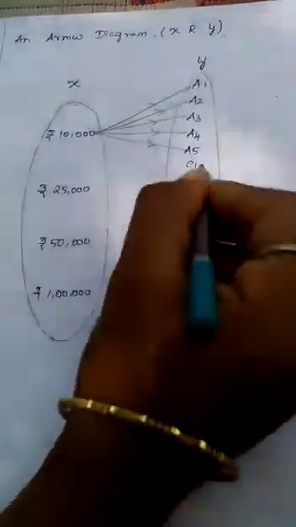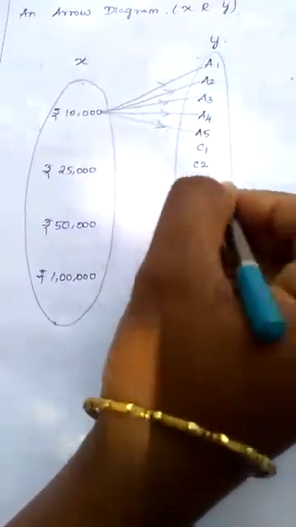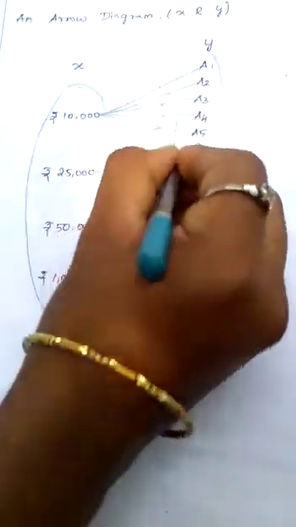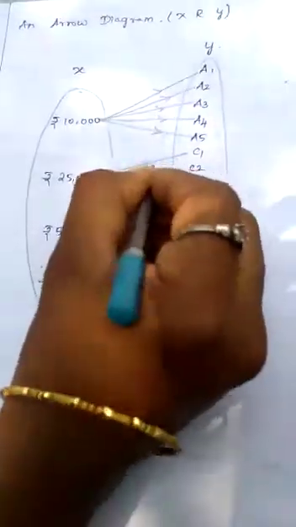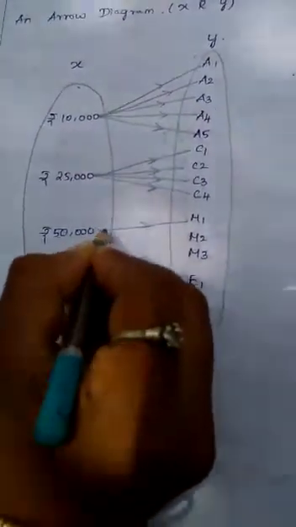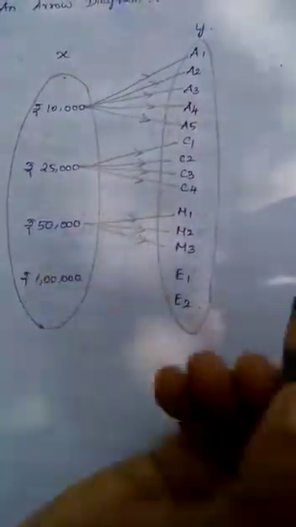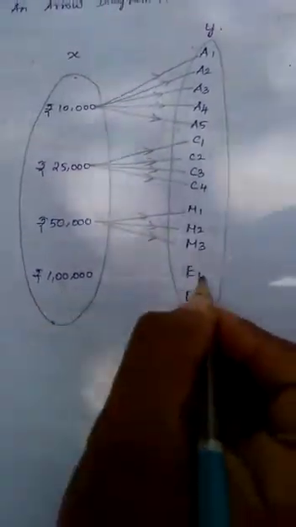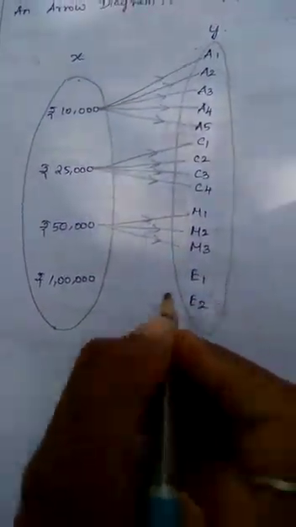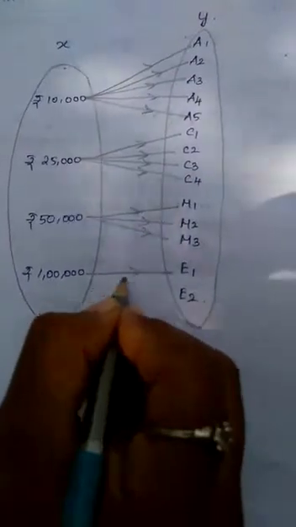Next, 25,000 for clerks C1, C2, C3 and C4. Next, 50,000 salary for managers M1, M2, M3. You have to connect like this by joining in an arrow diagram. Next, 1 lakh salary for executive officers E1 and E2. So we connect like this.